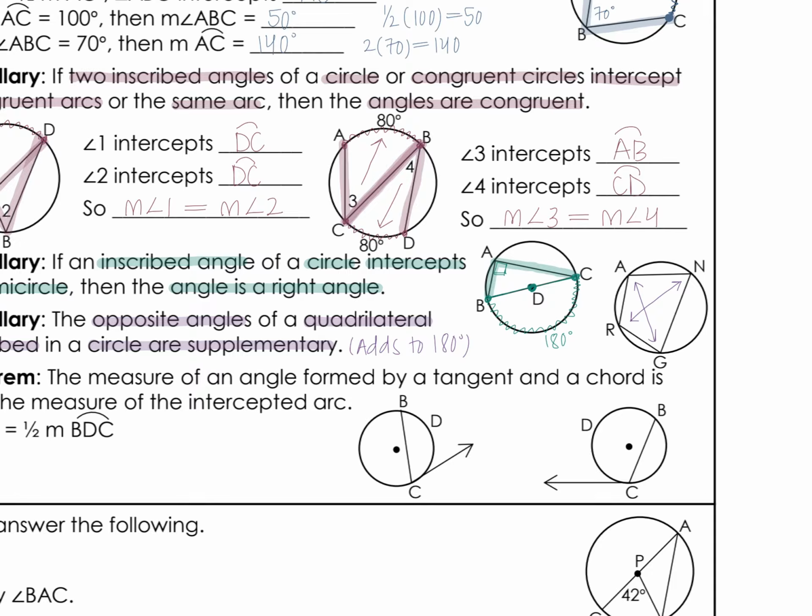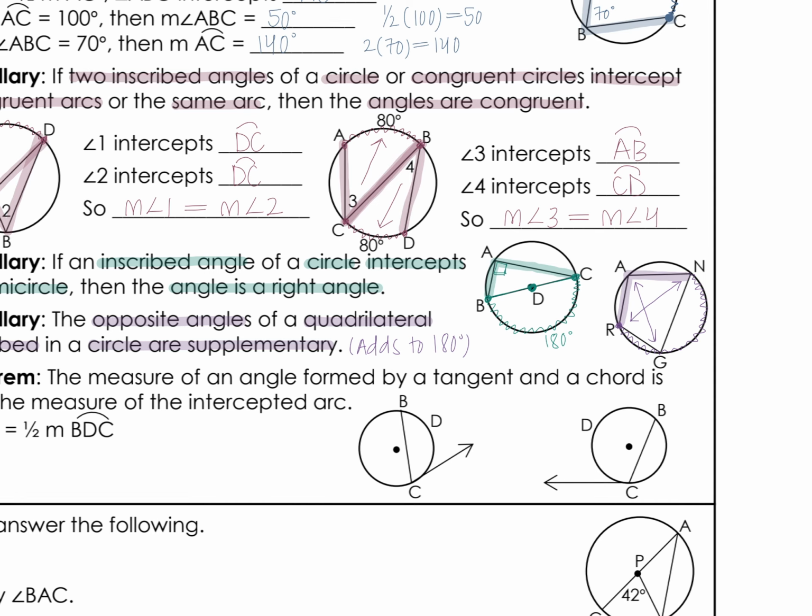Okay, so here, when we look at this angle opening up, it's an inscribed angle with an intercepted arc of R, G all the way to N. Well, I don't know how much of the circle the arc RGN is.